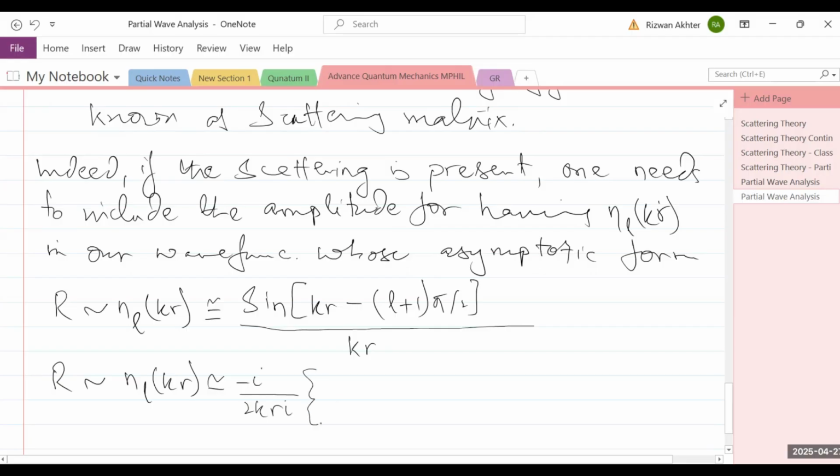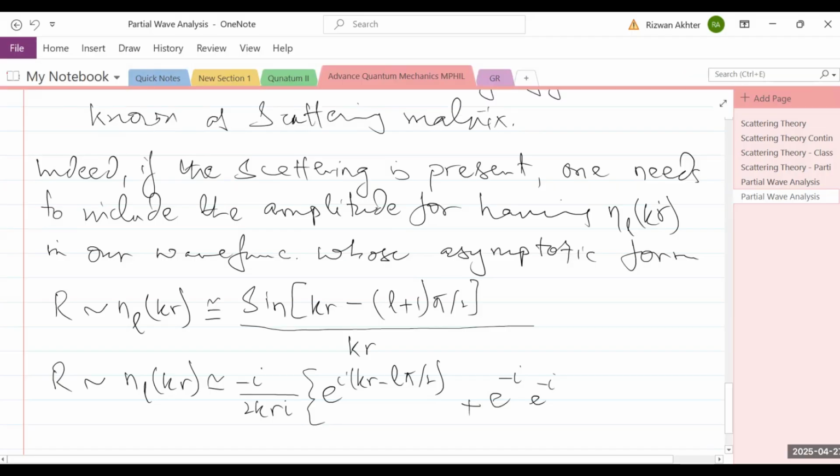सो ये आप कर सकते हैं अगर आप इसको एक्सपोनेंशियल नोटेशन में उसी तरह से जो हमने पहले किया था, kr minus l pi/2 और factor plus e to the power minus iota. सो remember साइन और कॉस में e के दो जो एक्सपोनेंशियल फंक्शंस हैं माइनस और प्लस के साथ, उनके दरमियान में कॉस में प्लस आता है, और साइन के केस में माइनस आता है। And so when we use that factor e to the power plus minus iota pi/2, तो वो आपके पास ऑटोमेटिकली प्लस हो जाएगा। So it is sort of conjugate.